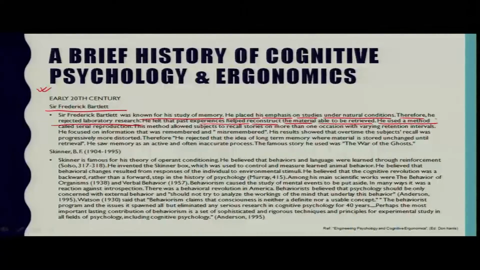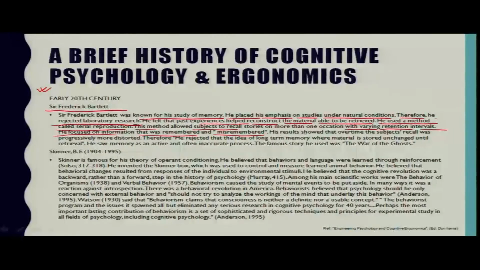He used a method called serial reproduction. This method allowed subjects to recall stories on more than one occasion with varying retention intervals. He focused on information that was remembered and misremembered.